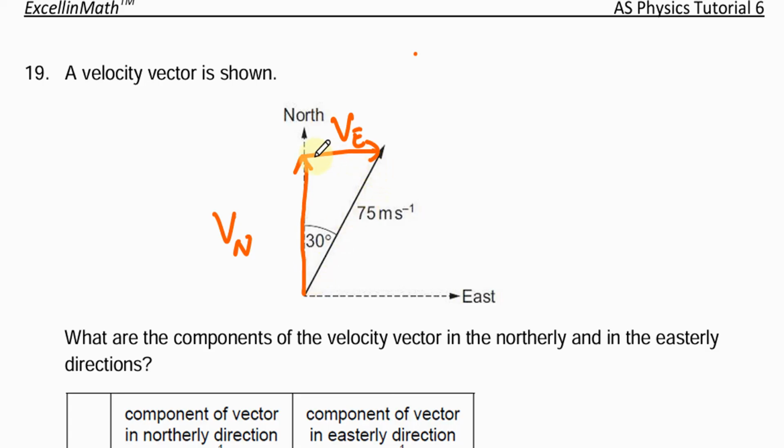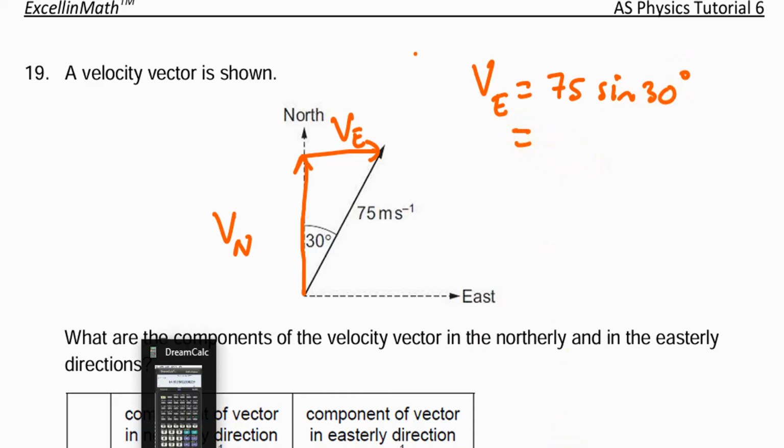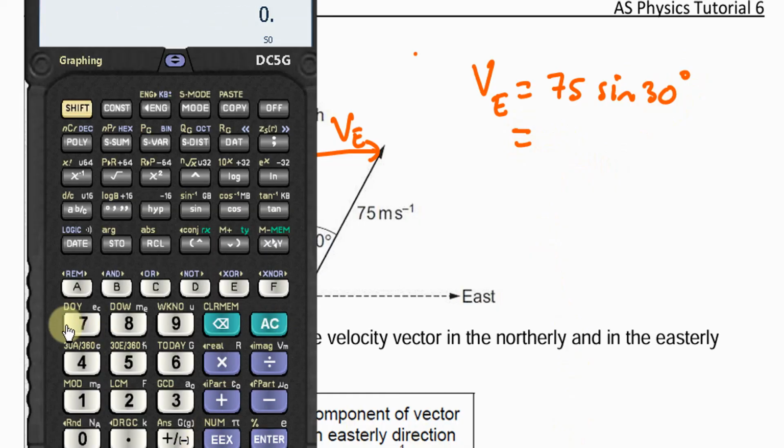Then, using basic trig inside this triangle, Ve will be 75 sin 30. And we can do this on a calculator. And it's 37.5.